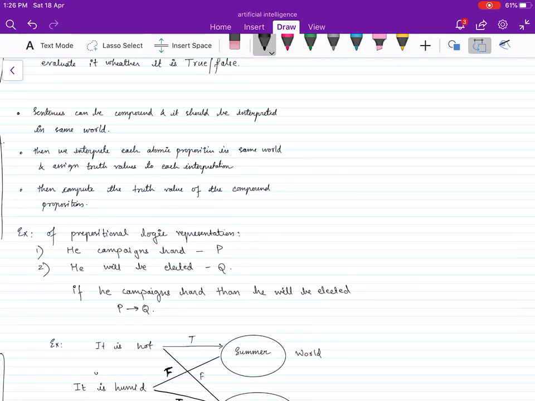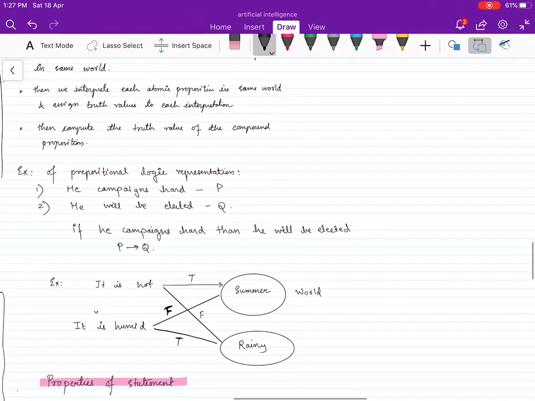We first calculate whether it is true or false for he campaigns hard. Then we evaluate whether he will be elected. Once it is known that P is true, then Q may be true or false. Then according to that, this compound sentence will be evaluated to true or false.